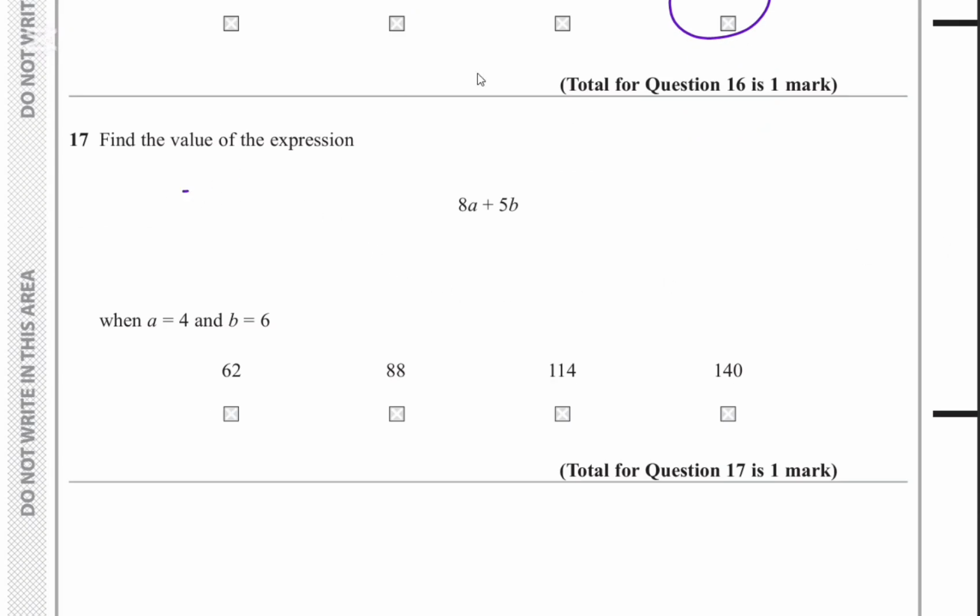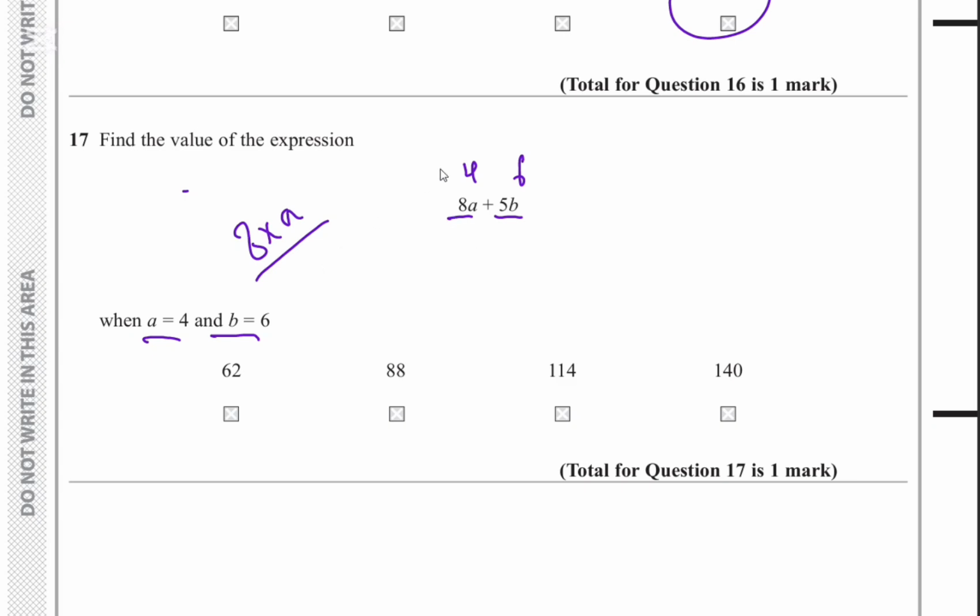Here, find the value of the expression 8a plus 5b. We have the value of a and the value of b, so we just have to put them in. What's the value of a? It's 4, so put it here. The value of b is 6, so put it here. Remember that when we have a letter and a number next to each other, it means we are multiplying.